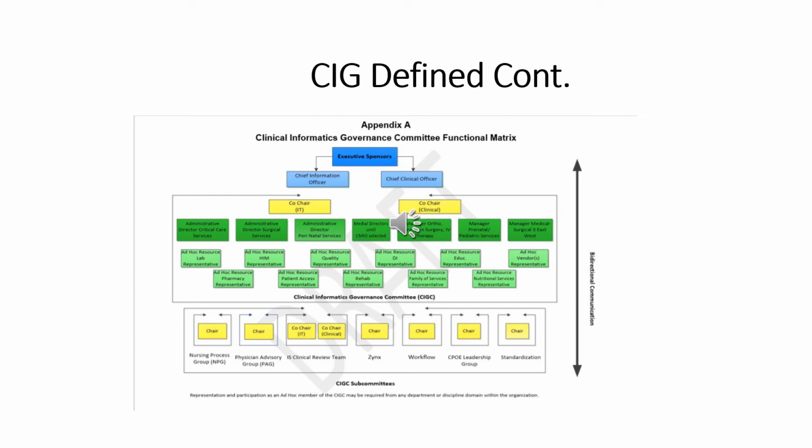And so think about the Clinical Informatics Governance Committee as being part of that overarching structure that helps with that. So it's not just about buying a clinical information system and rolling it out to the users, but it's also how are you going to manage that monster? How are you going to determine prioritization? How are you going to determine that, yes, this is something that impacts safety? Yes, and so it needs to be brought up further. Or they're always competing initiatives. They're always competing projects.